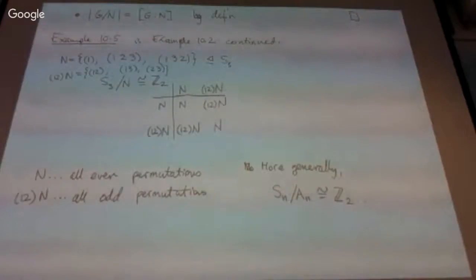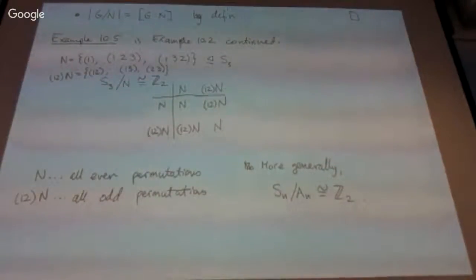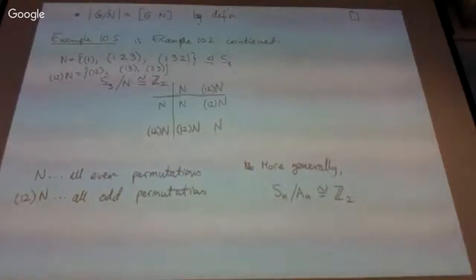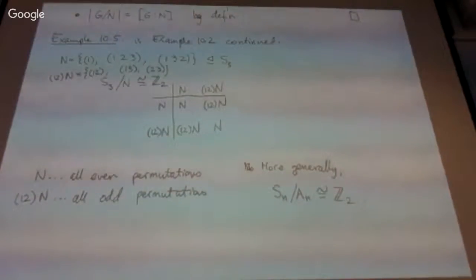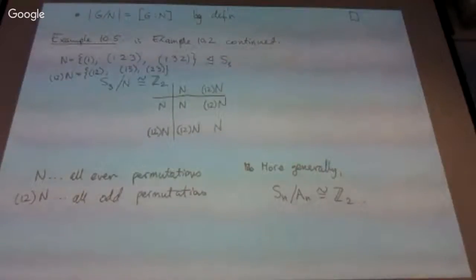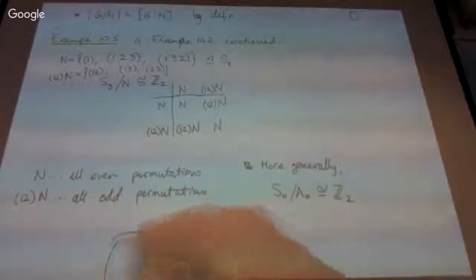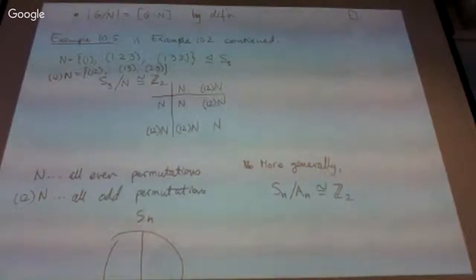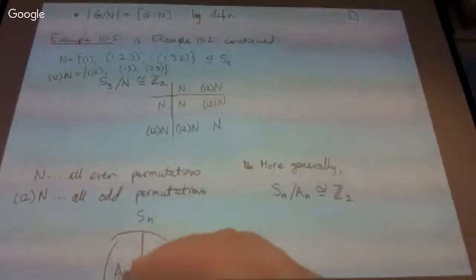So from looking at the structure of what Sn is like, you can see that Sn splits into two bits. It's the An and it's the other one.